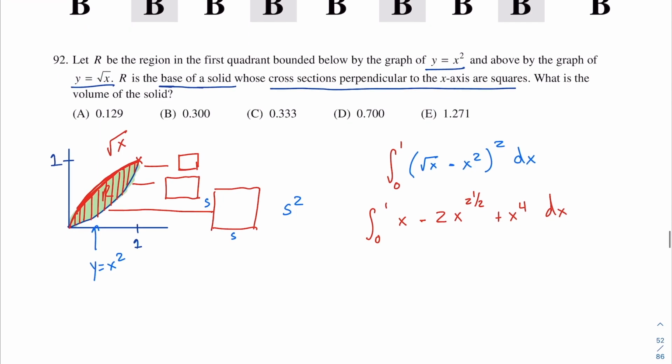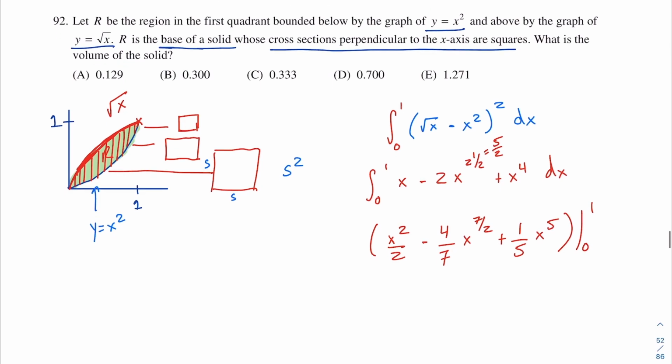And then if we integrate this, we get x squared over 2 minus, 2 to the 1/2 is the same as 5 halves, so this becomes minus 4 over 7 x to the 7 halves plus 1 over 5 x to the 5th, all from 0 to 1.